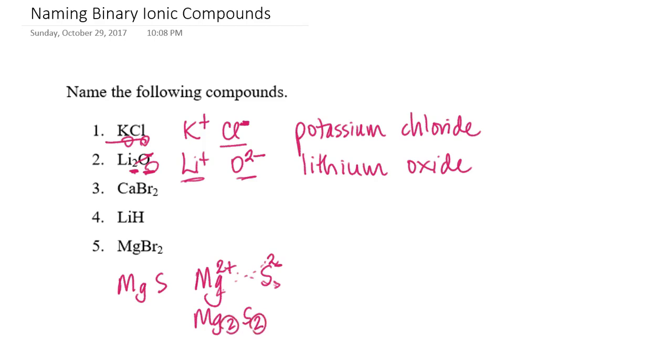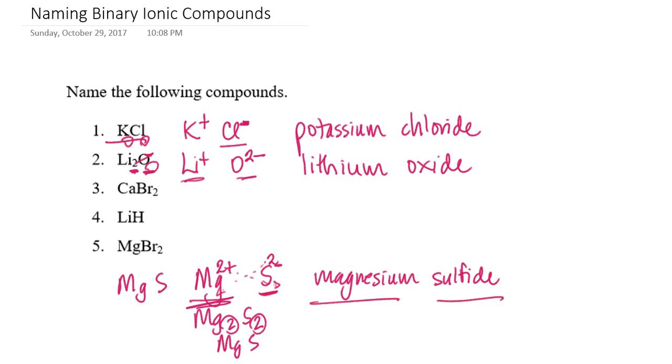Since each of these subscripts is 2, I can simplify this formula by reducing by a factor of 2 to get MgS. And I would name this compound: Mg2+ is the magnesium ion, and the name for S2- should be sulfide. So this should be magnesium sulfide.